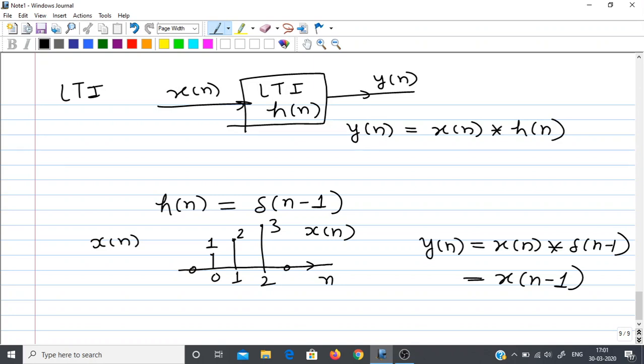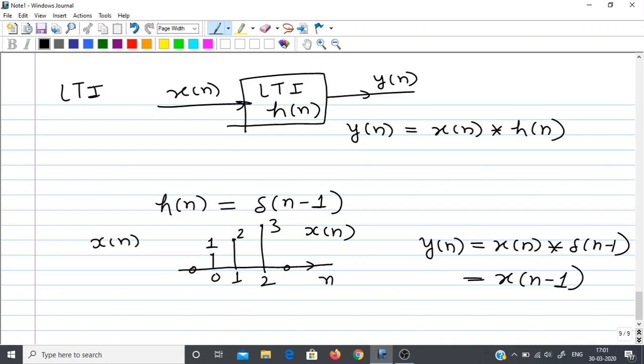What did you do to obtain the output? You performed the convolution. But here the system was very simple, a unit delay system. If I make the system a little more complex, even though it is an LTI system, the computation of this convolution will become difficult. Therefore, the transform may come to our rescue.